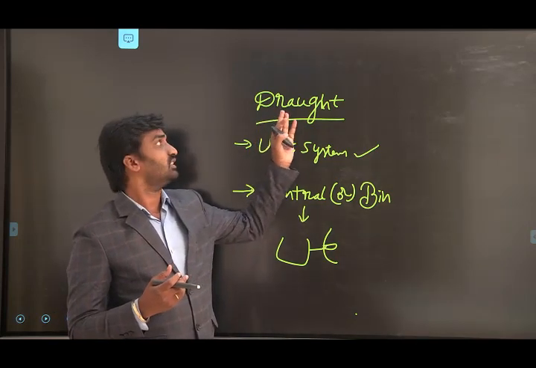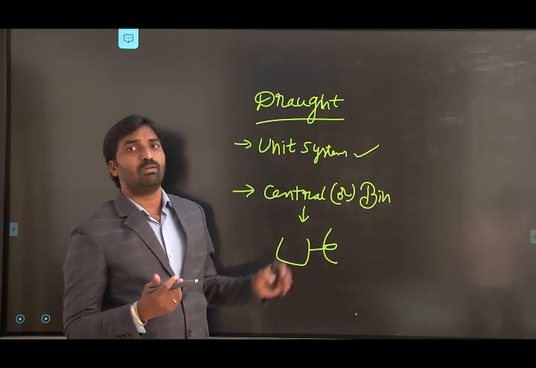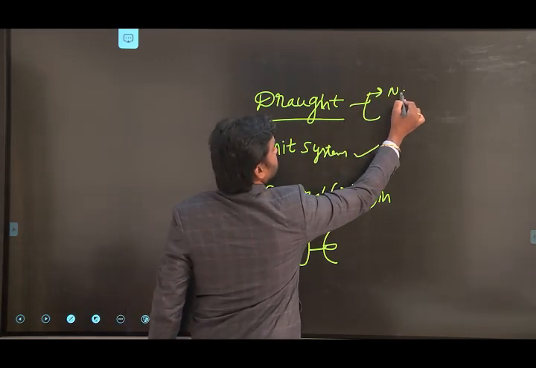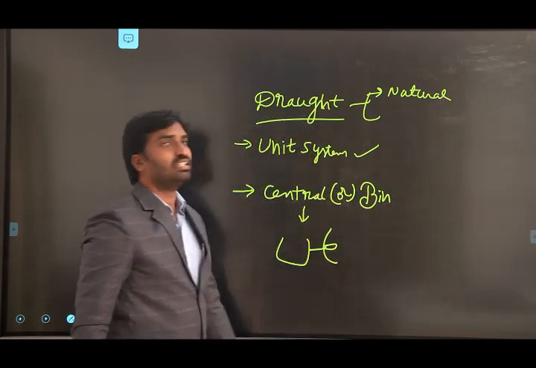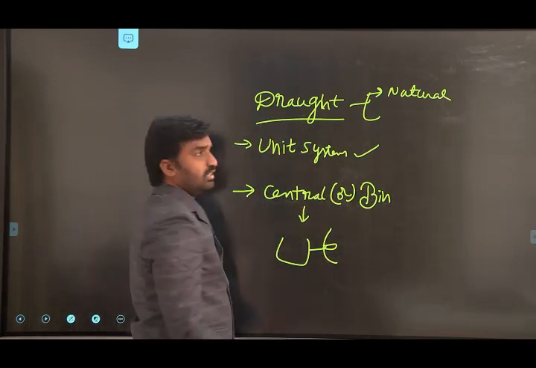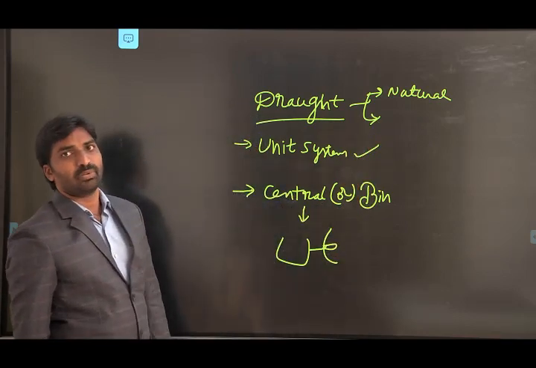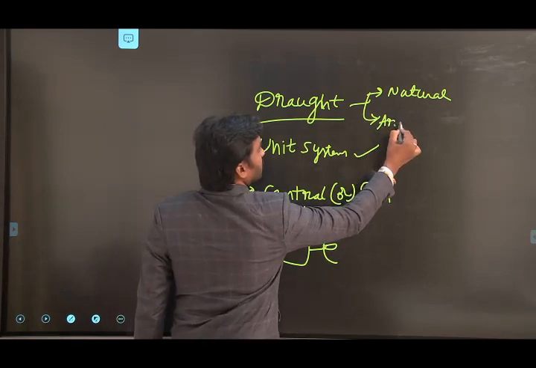If the pressure difference is created by the chimney only, that process is known as natural draft. Otherwise, if we utilize any external devices for creating the pressure difference, that is the artificial type of draft system.